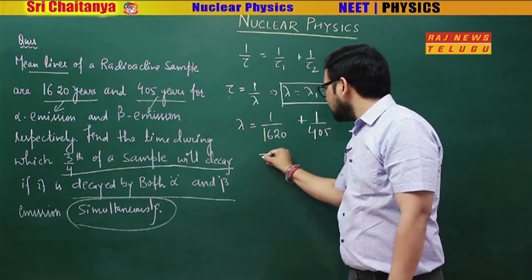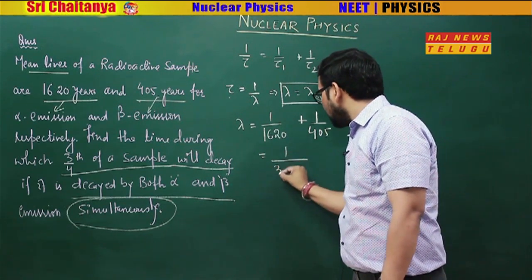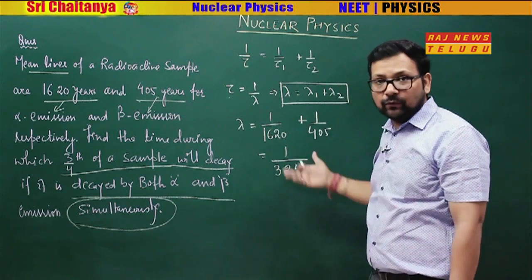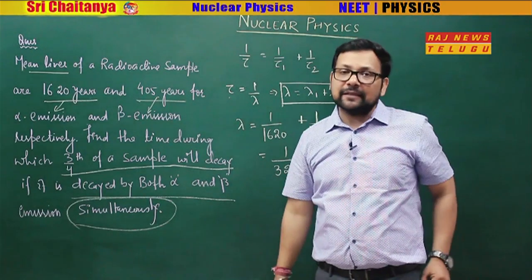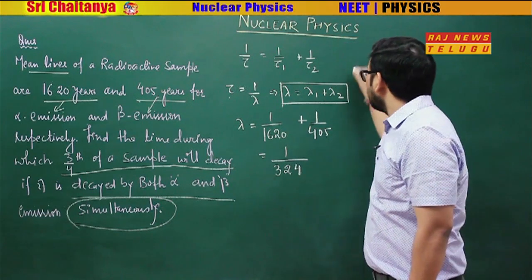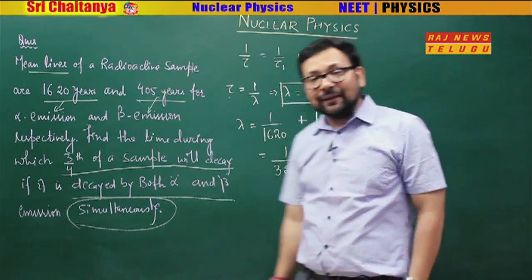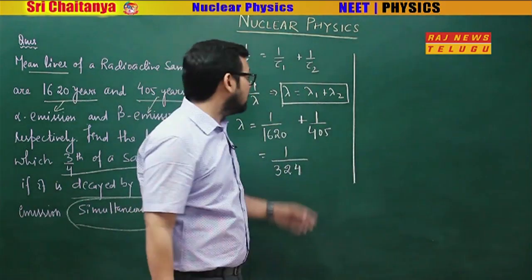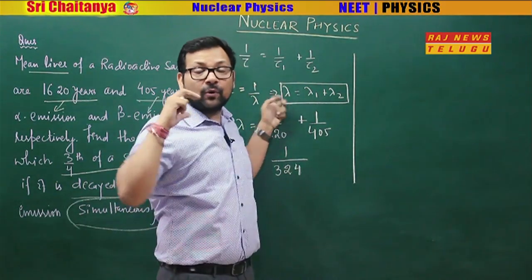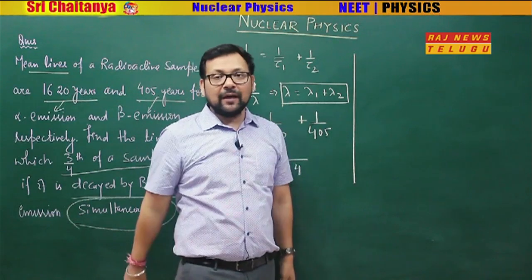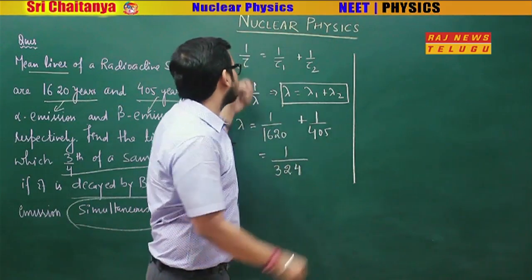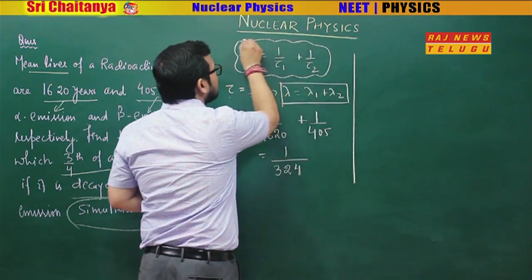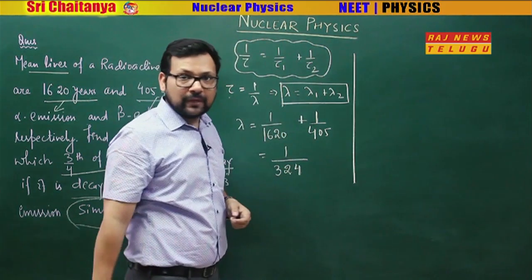On solving, this comes out as 1 upon 324 years, that is, 1 per year. This is the lambda. We have calculated lambda. So do remember, for a simultaneous decay, lambda is lambda 1 plus lambda 2, and it comes from 1 by mean life is 1 by tau 1 plus 1 by tau 2.